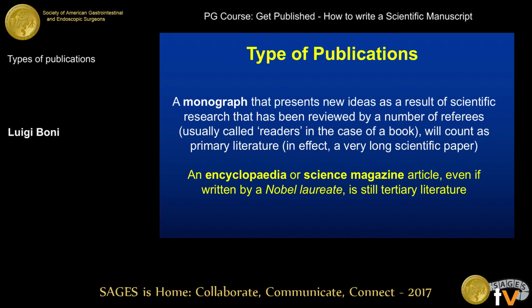But if you have an article written in a science magazine, even if the person who wrote it is a Nobel laureate, it doesn't mean that it definitely has scientific value. So this will count as tertiary literature, even if the person who writes is important, because he will not give you a scientific method for his publication.